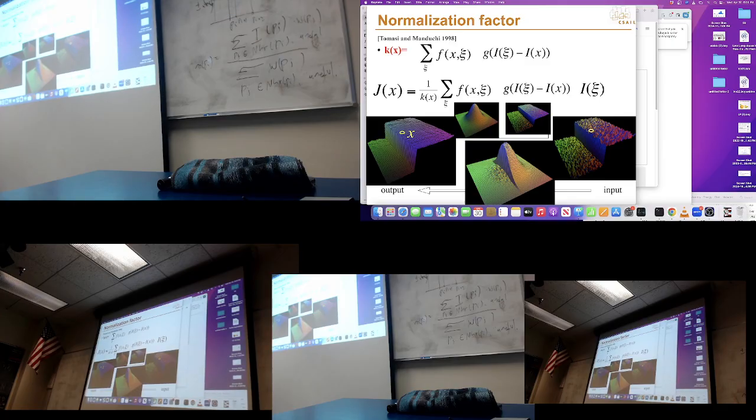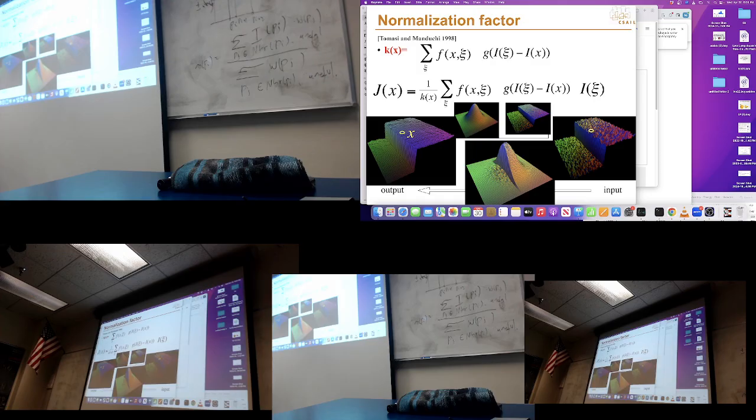What is k of x? K of x is the sum of the original Gaussian times the penalty that I give to this Gaussian. If you have pixels that are very different, sky versus tree, then this will be very close to 0, meaning that this value k of x would be smaller than 1.